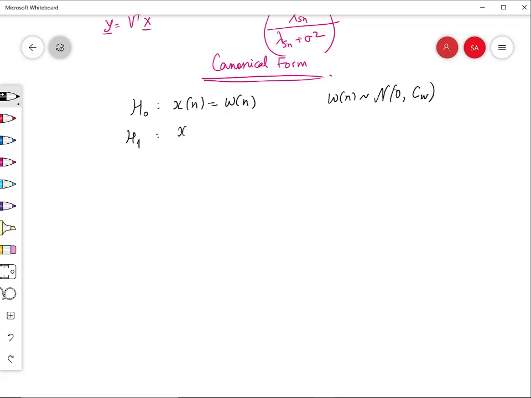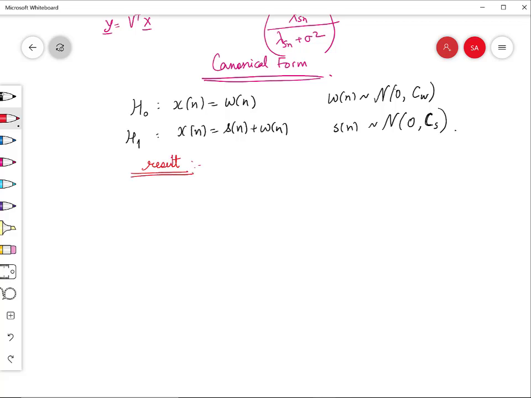H1 remains the same, which is x[n] is equal to s[n] plus w[n]. s[n] again is colored Gaussian noise with mean 0, covariance Cs. Okay, and in a very similar way you can do the analysis, and I'm directly writing the result that we get. This I'm giving you as an exercise.